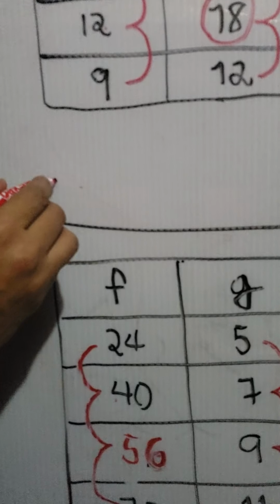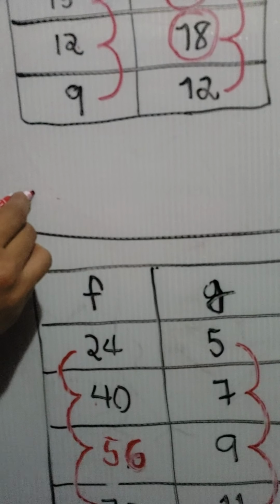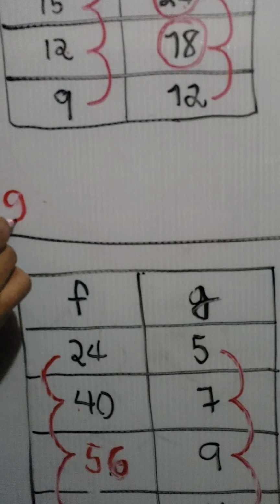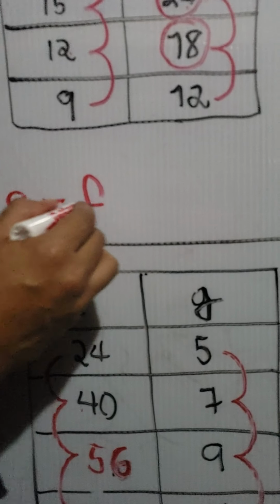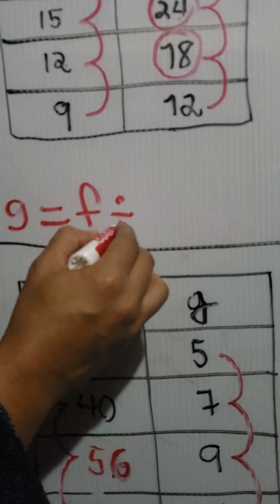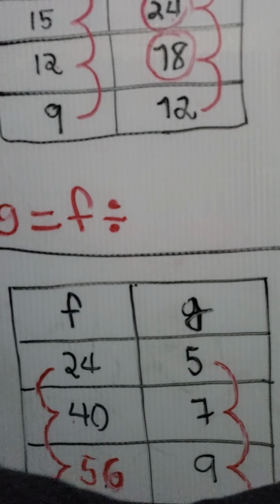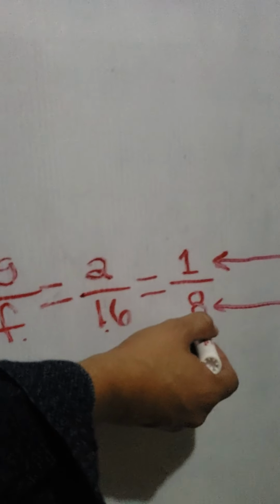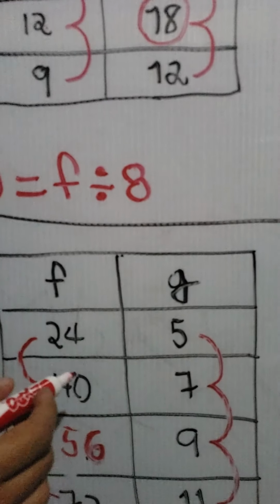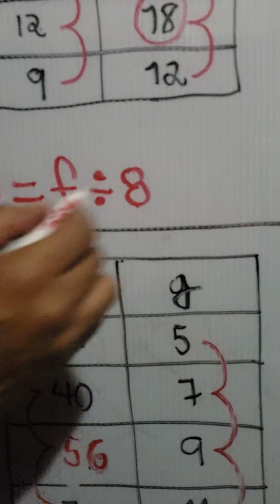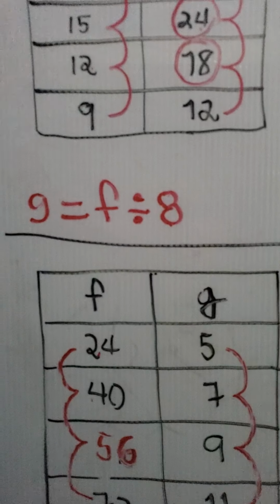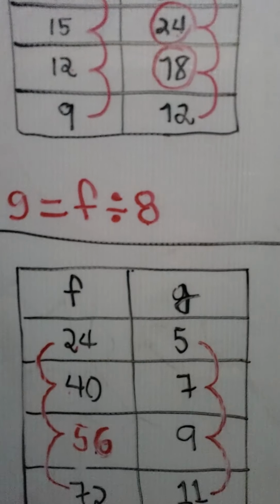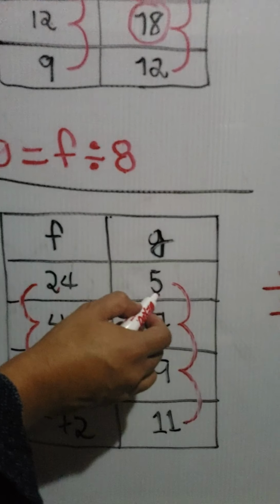We start with the letter G. G is equal to the letter F divided by the number here, which is the number 8. And let's see. 24 divided by 8 is 3. But we don't have the number 3 here.